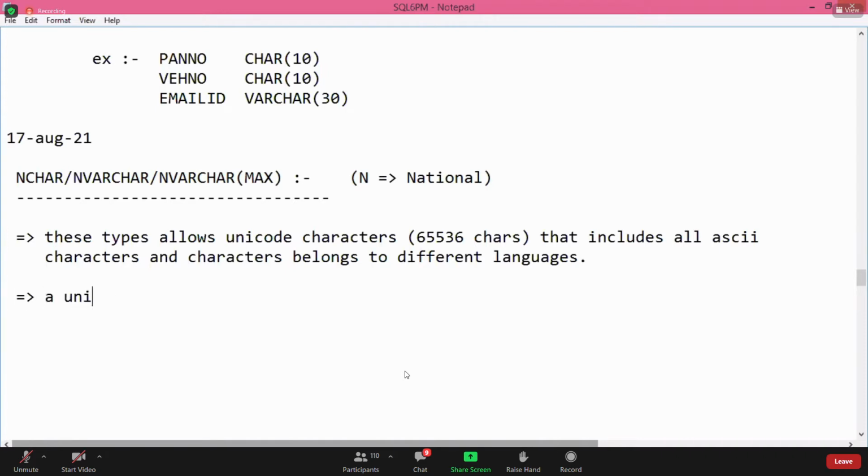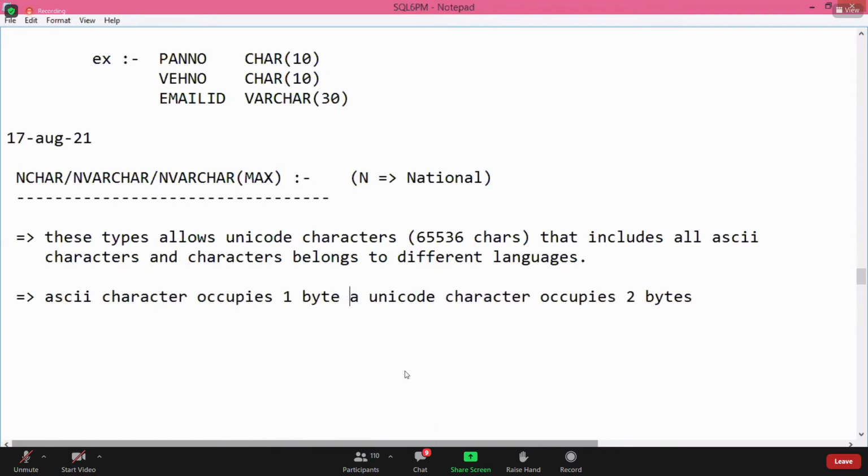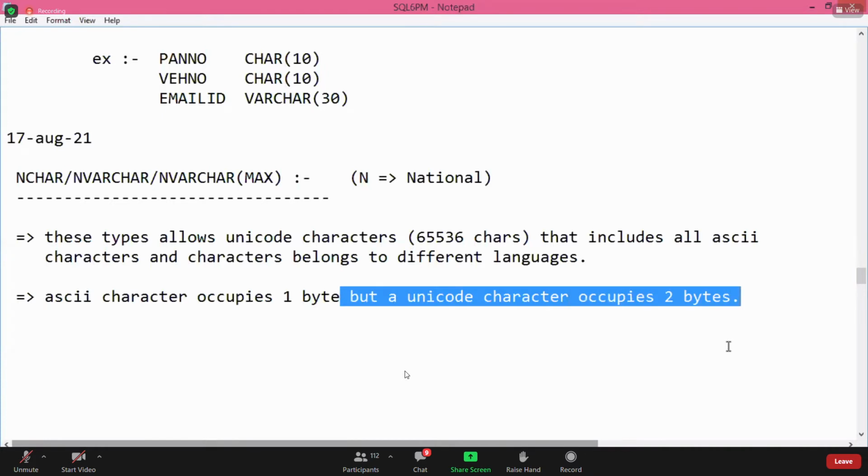And one more difference: a Unicode character occupies 2 bytes. An ASCII character occupies 1 byte, but a Unicode character occupies 2 bytes of memory.